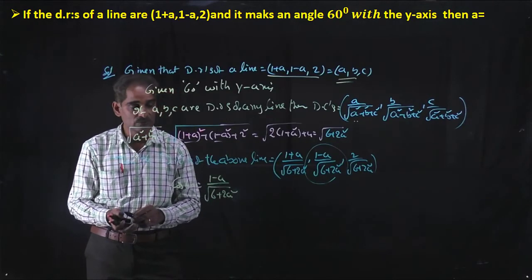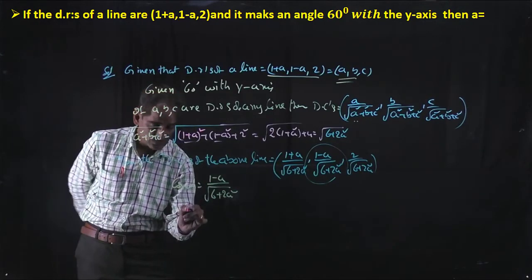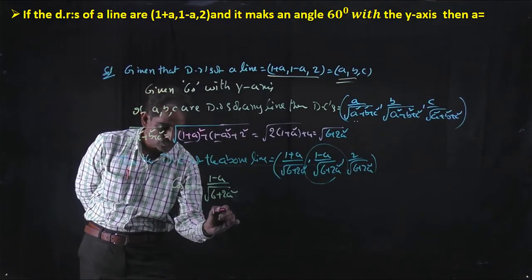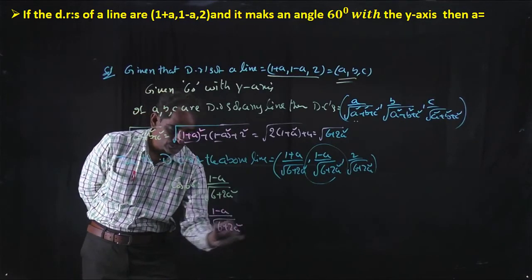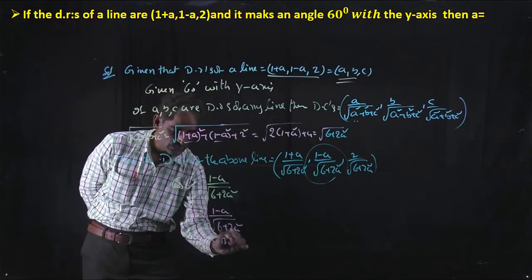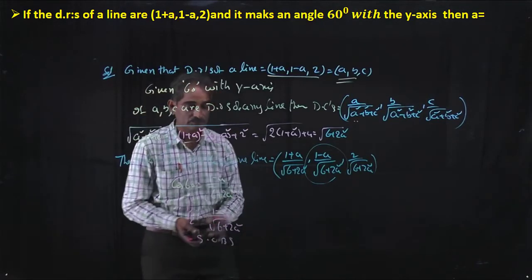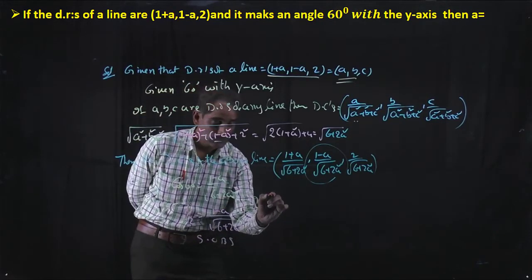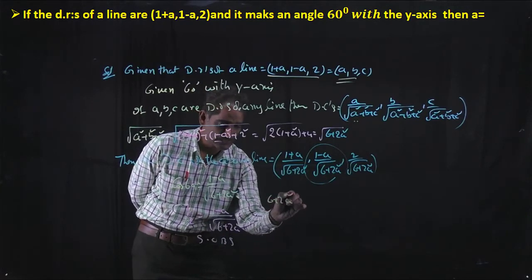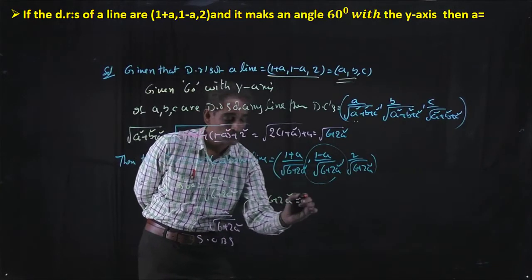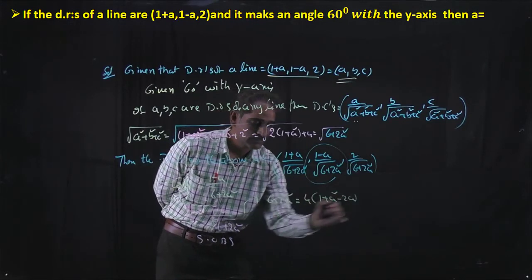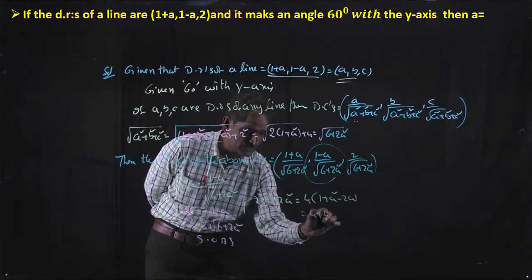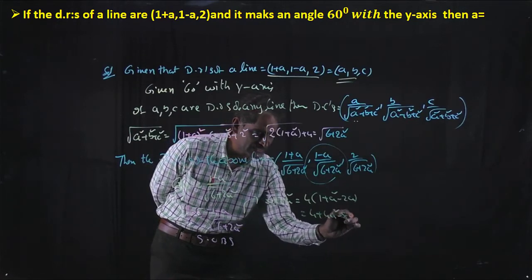Now write down the value of cos 60, that is 1 by 2, equal to 1 minus a by root of 6 plus 2a square. Now squaring on both sides, we get 6 plus 2a square is equal to 4 into (1 minus a) whole square, which equals 4 plus 4a square minus 8a.